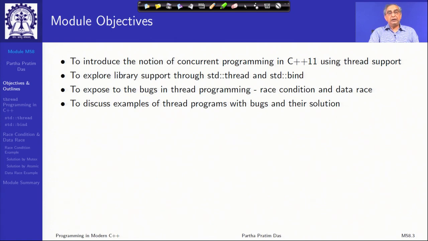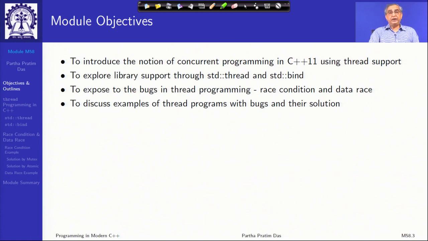If you do not, then you will have to read up other material to understand what is concurrent programming and what are its issues, because that is an area which is not limited to C++ programming. That is general computer science knowledge about how you program concurrently, in parallel and so on.